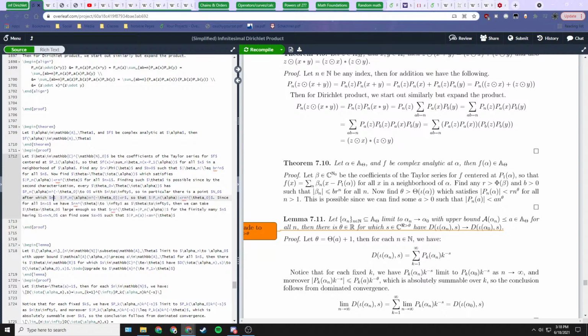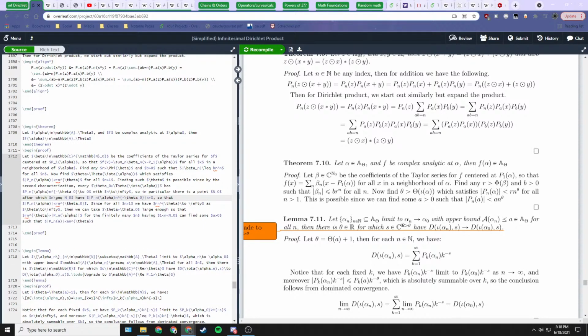After which, for n greater than or equal to n0, we have this, so that this is that. Okay, so theta greater than theta 0 large enough so that r n to the power theta is greater than this absolute value for the finitely many, and with this it follows. Actually, this is fine.